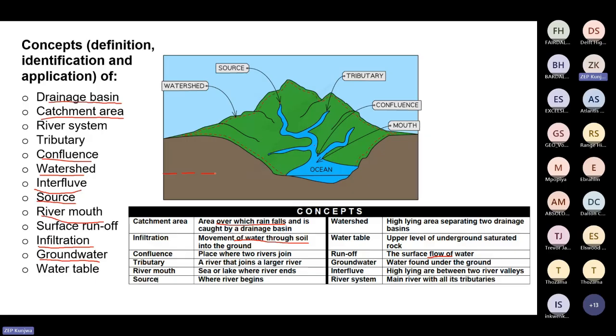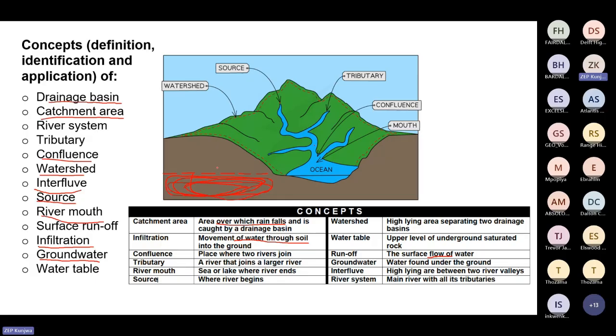Now, if this is your water table, the water table will also be a dotted line. And then this area here is an area that is saturated with water. Every single part between the particles, there's no space, everything is filled with water. And the top part of the saturated area will be your water table.